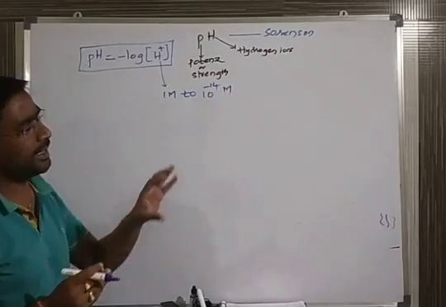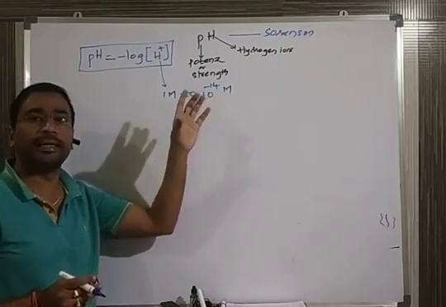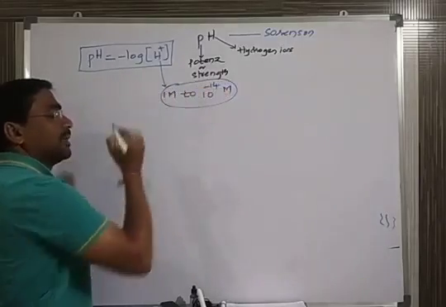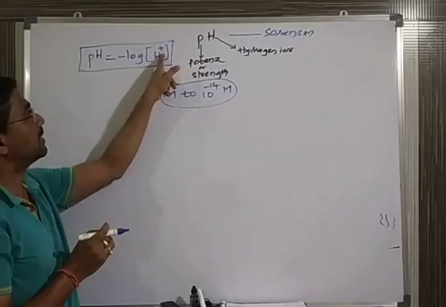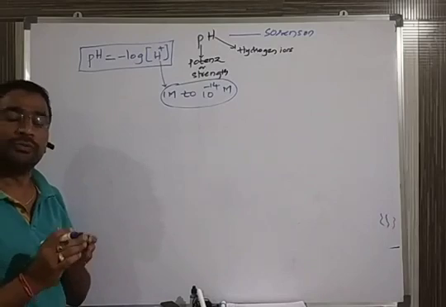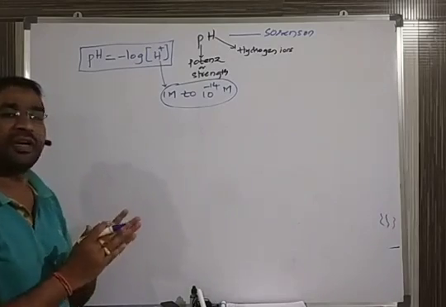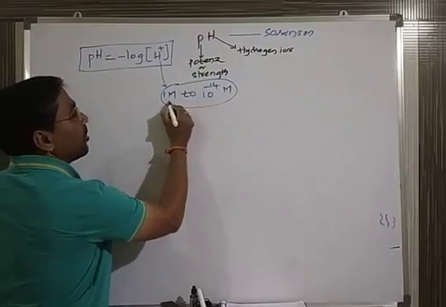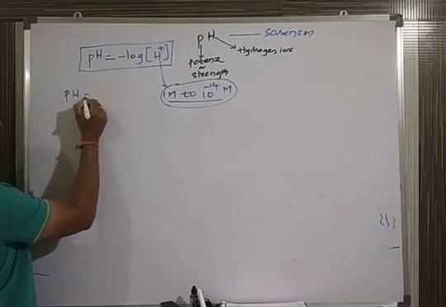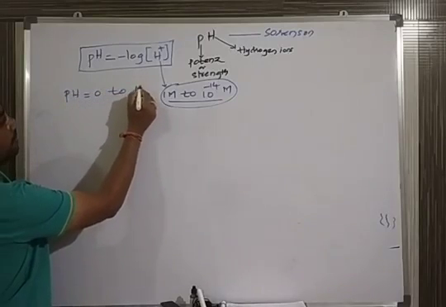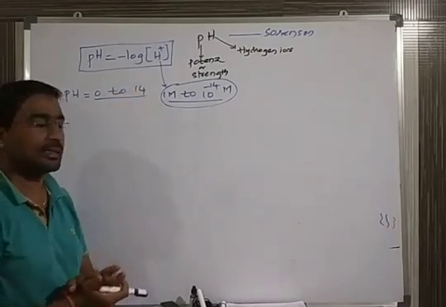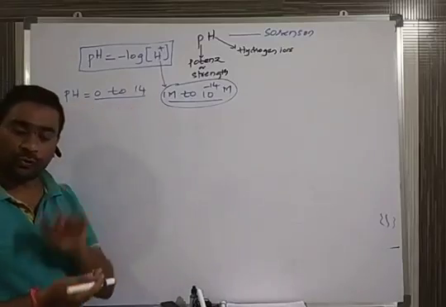Any substance in this range of concentration is substituted in the formula, and he did the mathematical calculation and got the pH value. He found that the pH values of different substances are between 0 to 14.